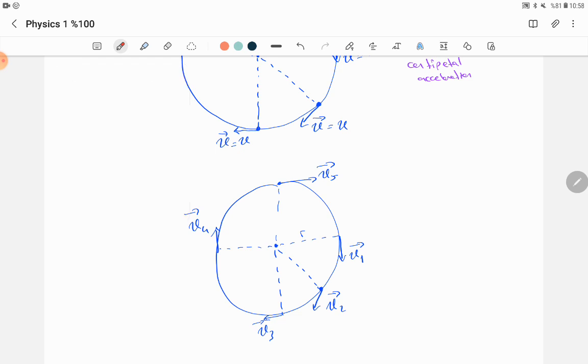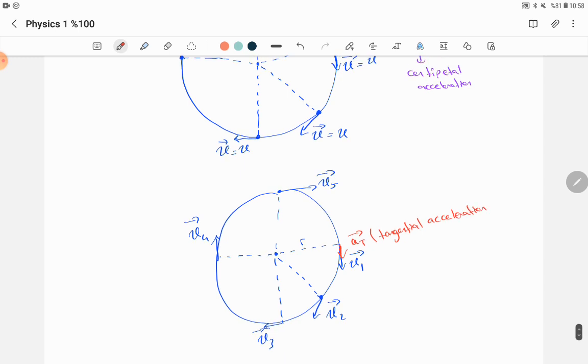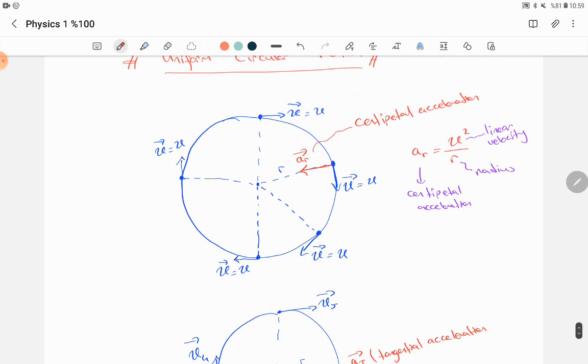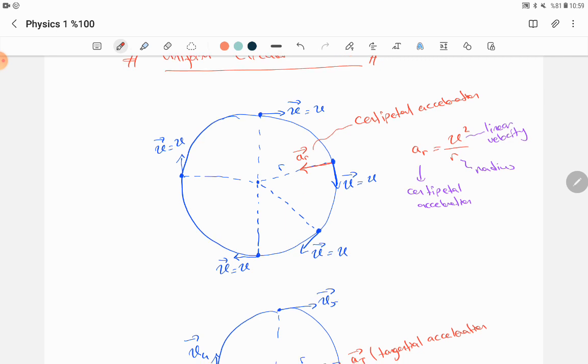If the linear velocity changes, there is an acceleration, and this acceleration's direction is along the linear velocity. This acceleration is the tangential acceleration. It occurs due to changing the magnitude of the linear velocity, but the centripetal acceleration occurs due to the direction changing.